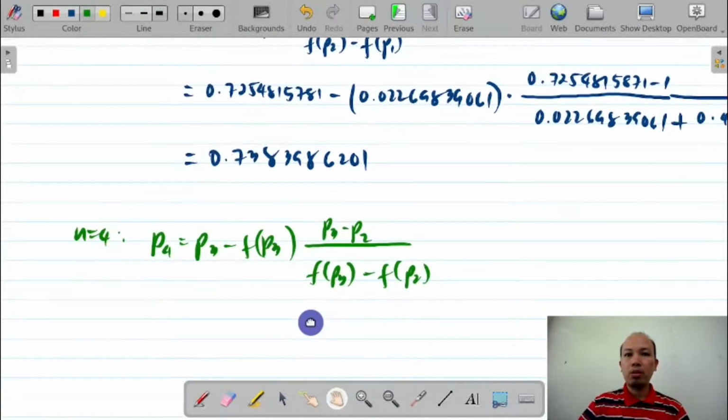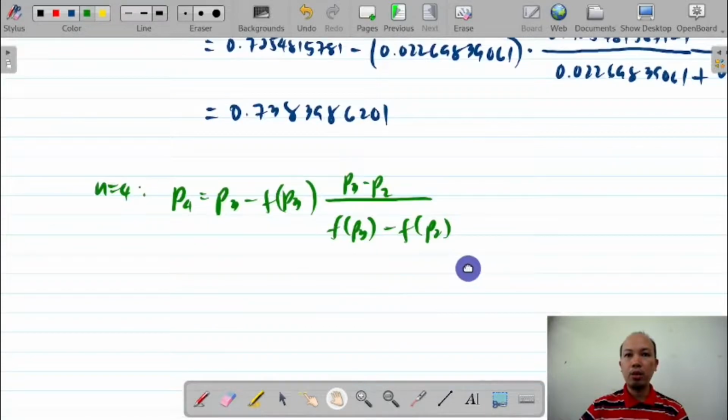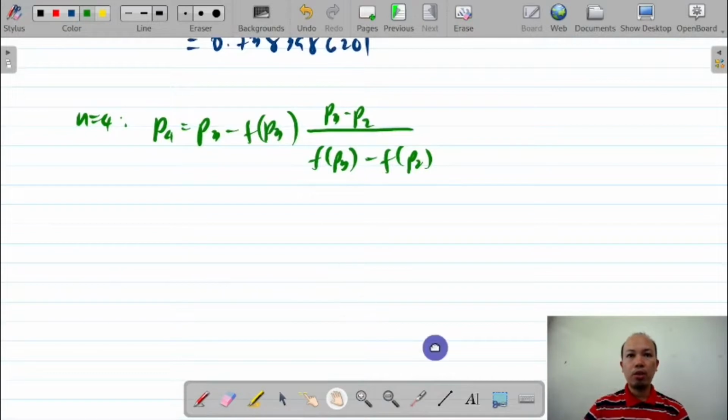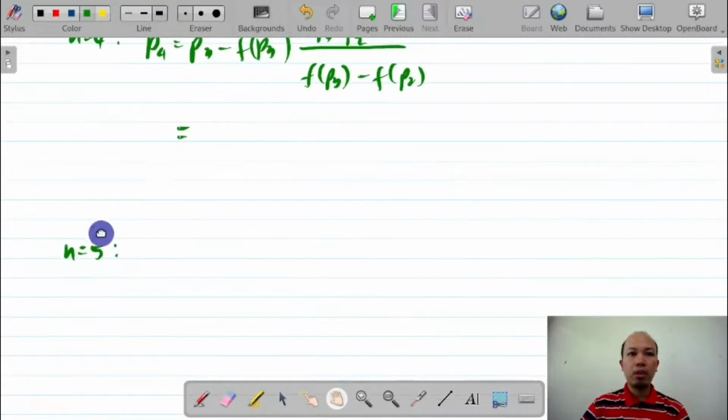To make this video not too long, I'm going to put the value for p sub 4 and of course for p sub 5. All you have to do is perform the computation of this expression on the right hand side in this scientific calculator, and do the same also for n is equal to 5.